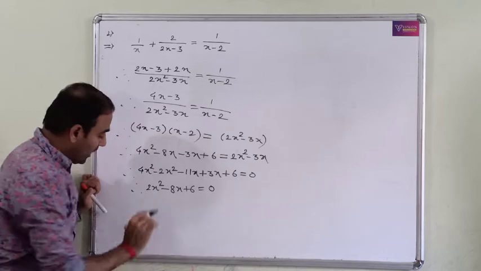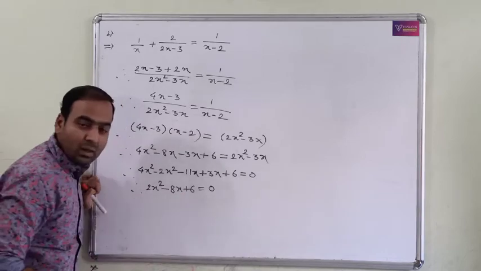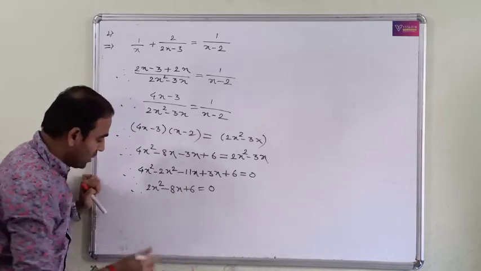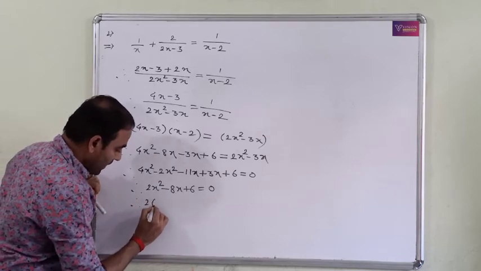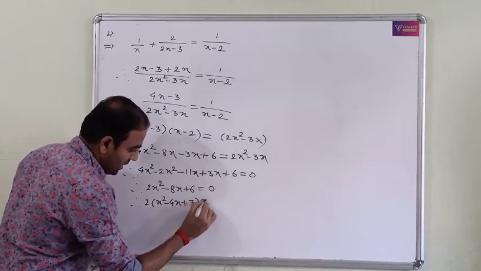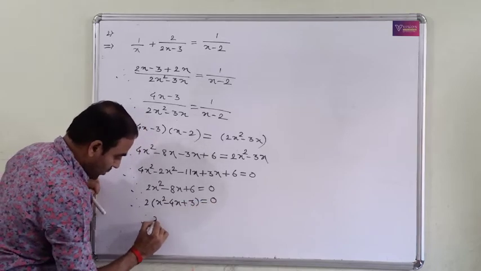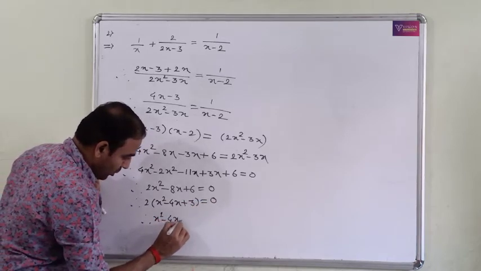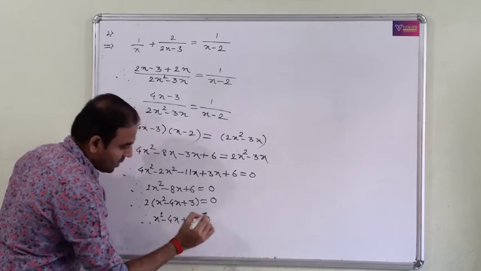Again, all the numbers are multiples of 2, so take the 2 common. x square minus 4x plus 3 is equal to 0.